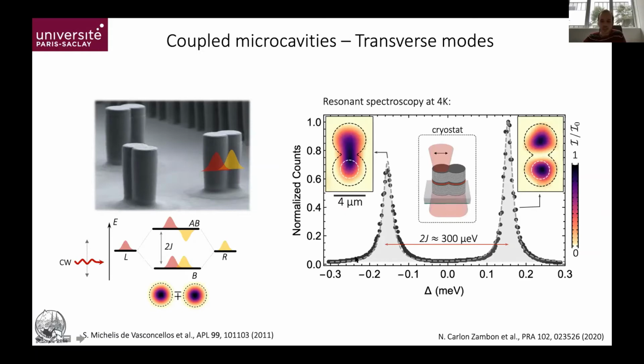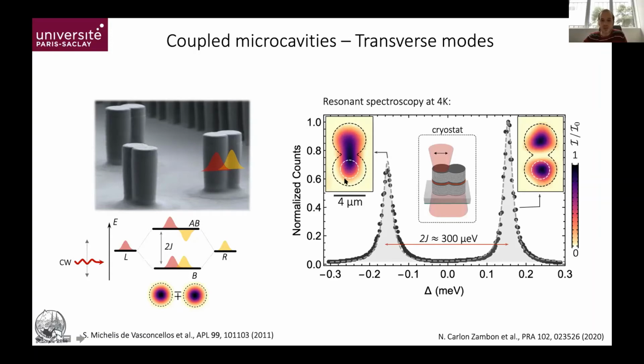So here, for instance, you can see that indeed when we scan the laser frequency, we can observe two marked resonances, whose splitting is telling us what the coupling constant is, and also we can resolve the transmitted profile at the two resonances.